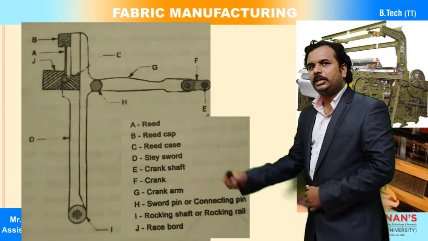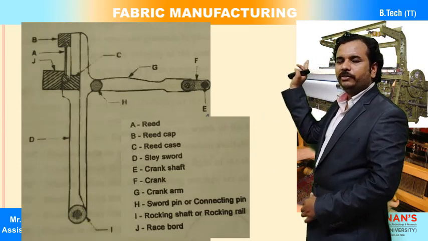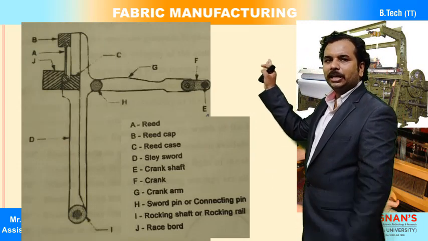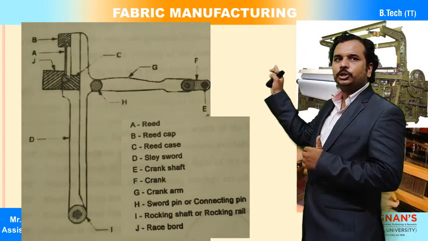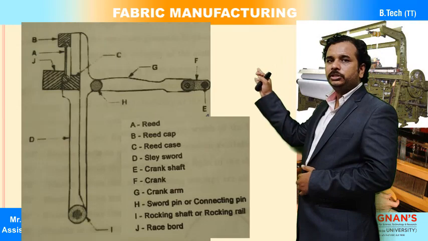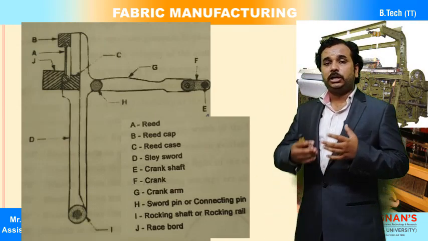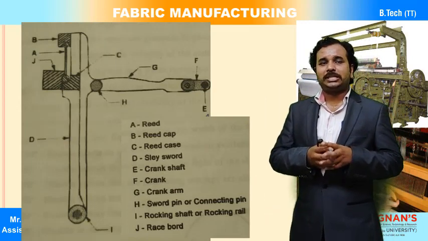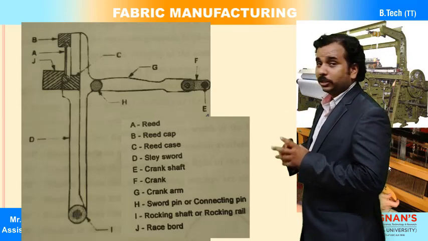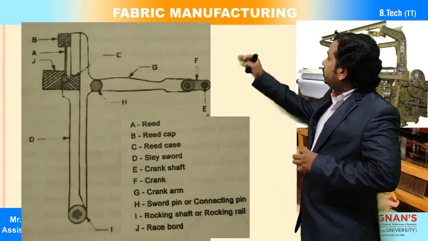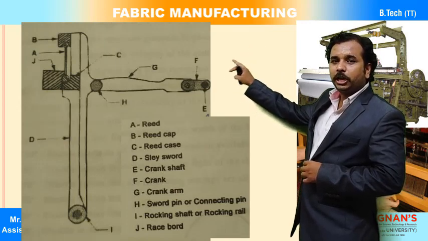You can observe that there is a crank on the crankshaft, and the crank is connected to a crank arm, and the crank arm is connected to the sword pin, which is connected to the rocking shaft, that is rocking shaft or slay sword. On the slay sword there is a reed cap, a reed, and a race board.